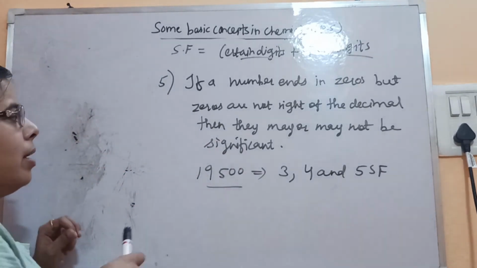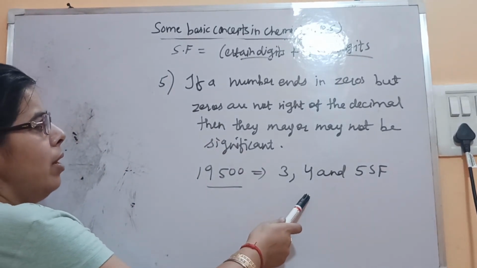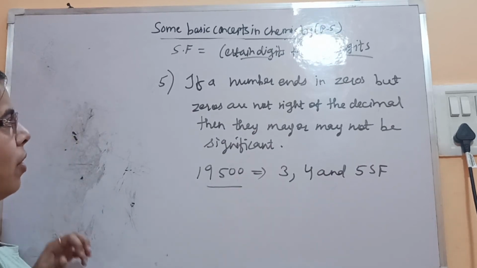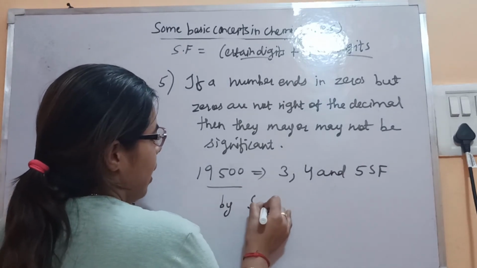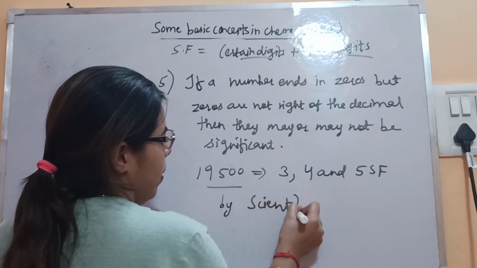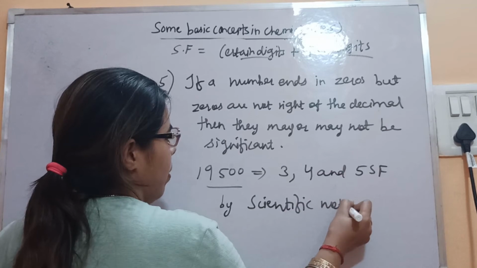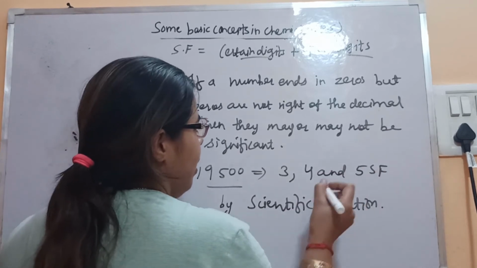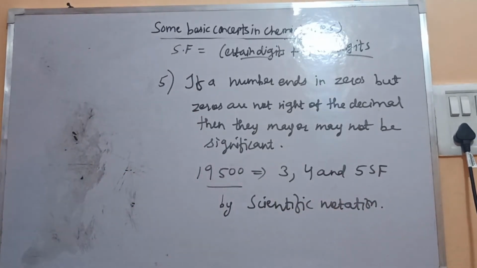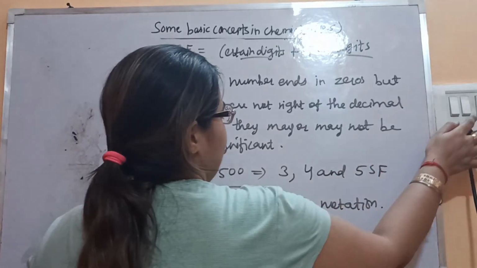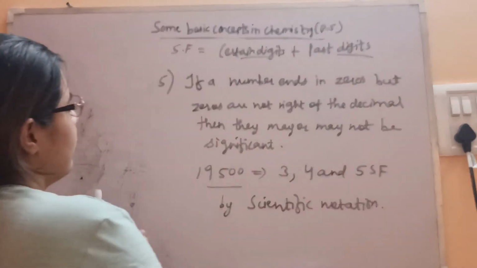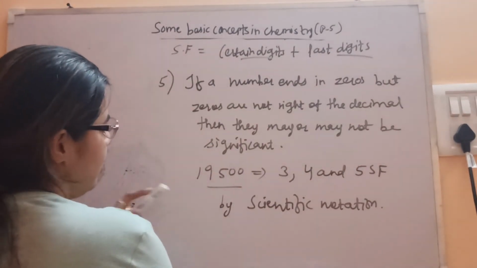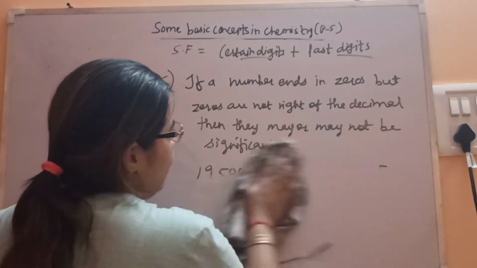Now this ambiguity will be removed by writing the number in scientific notation. So this we'll see later on. Let's see the next rule.